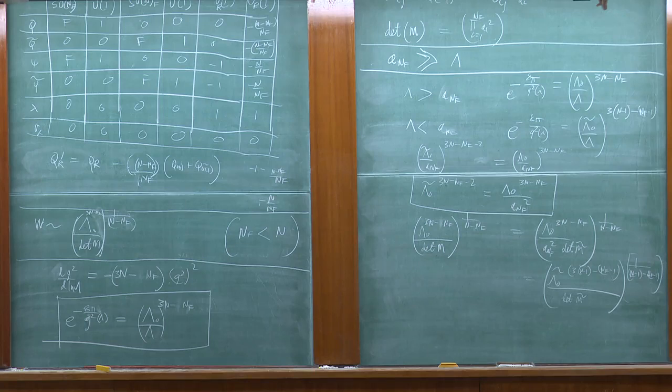These numbers are always regulation dependent. So what does lambda naught mean? That depends on your regulation scheme. None of these things are very universal, but at least up to constants it works. Okay? So that's great. Fine.